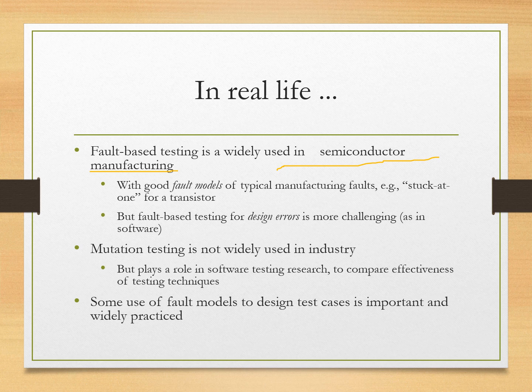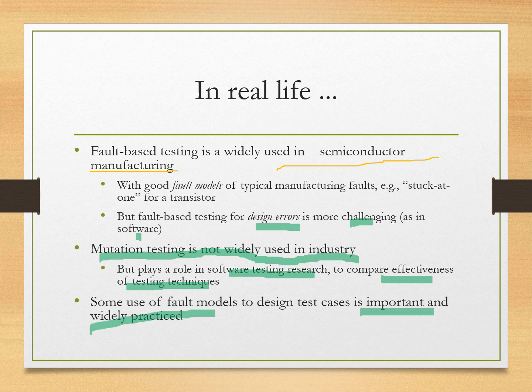But fault-based testing for design errors is more challenging, as in software. Mutation testing is not widely used in industry but plays a role in software testing research to compare the effectiveness of testing techniques. Some use of fault models to design test cases is important and widely practiced.